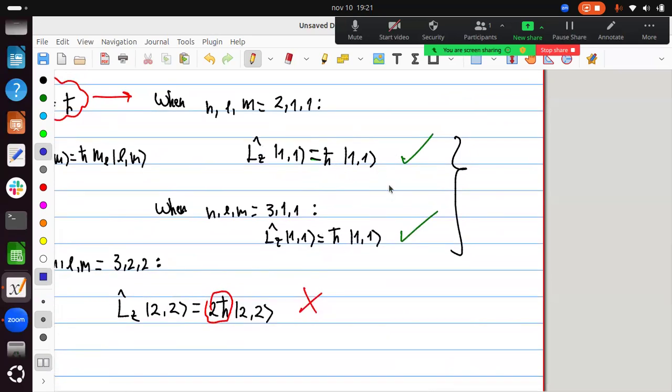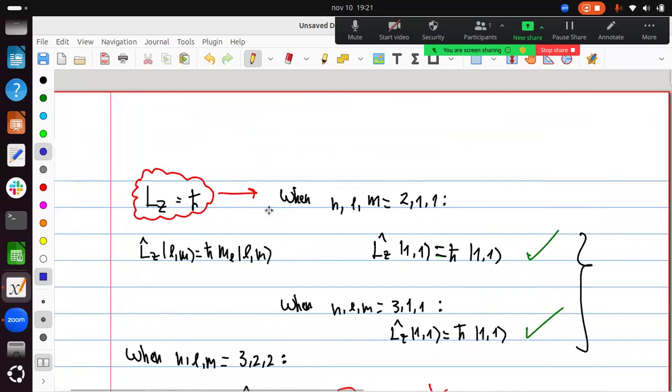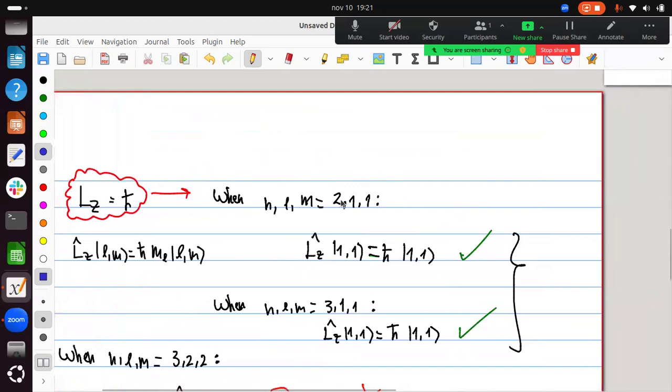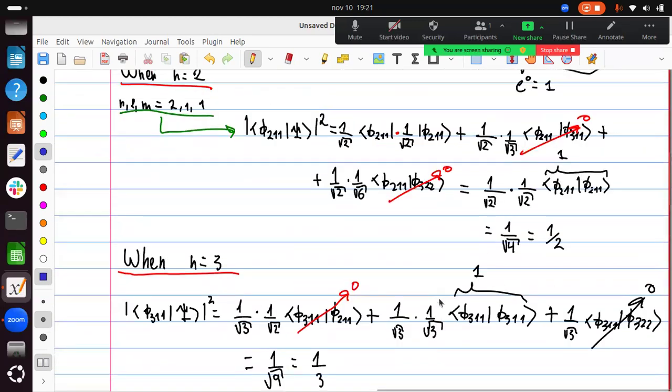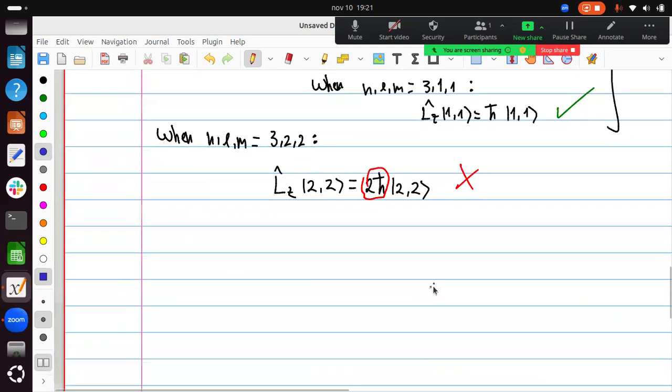And those probabilities are just when the quantum numbers n are 2 and 3. And that will be just 1/2 plus 1/3.